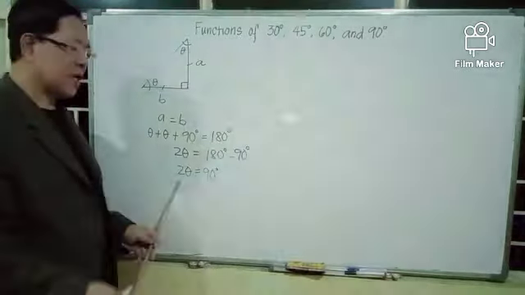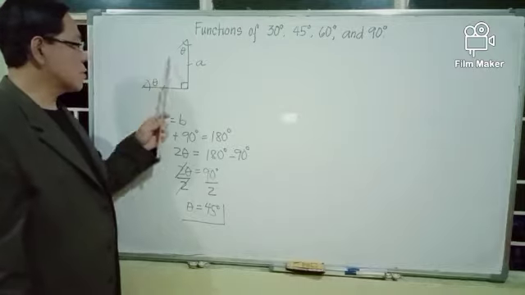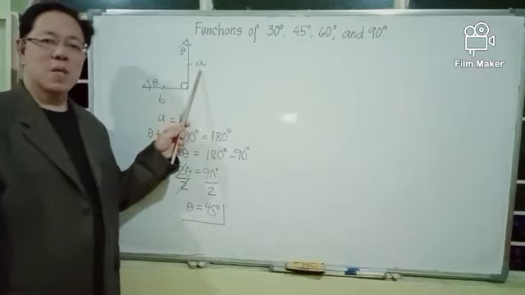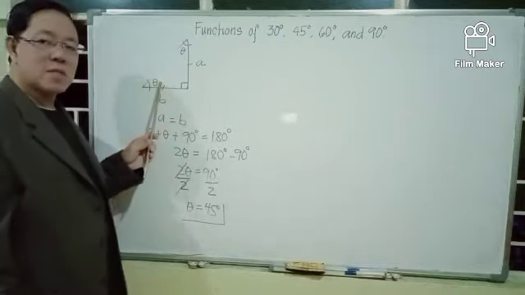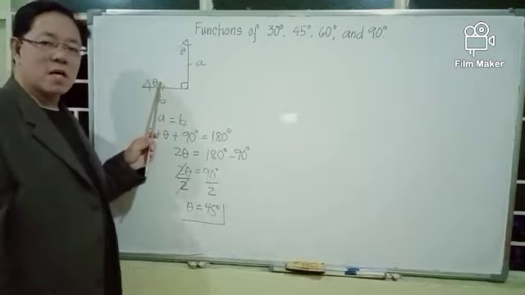And again, from a theorem in your course in geometry, the sides opposite the congruent angles are also congruent. The side opposite this angle theta is A, the side opposite this angle theta is B, and they are also congruent.